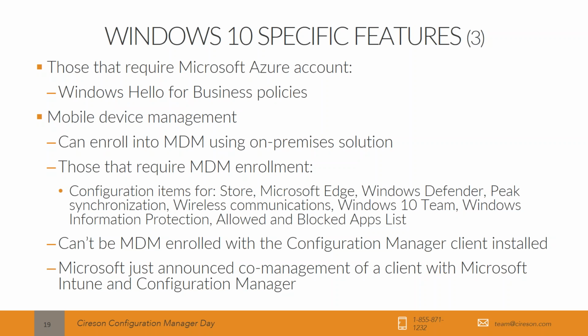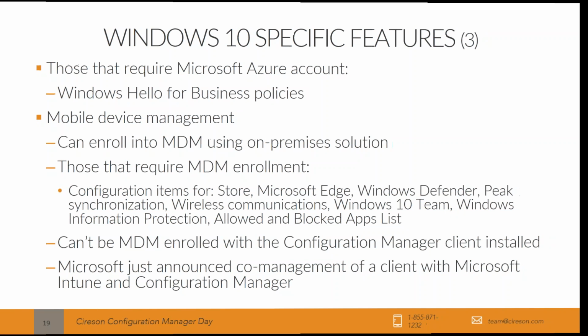And you just enable co-management through the ConfigMan console, which it's right now in technical preview 1709. So you have to wait till that comes into the production version, maybe 1710, we'll see. And then the device can have some settings configured through the Intune portal and some settings configured through the Configuration Manager console. But again, that will just be for the newest release of Windows 10.